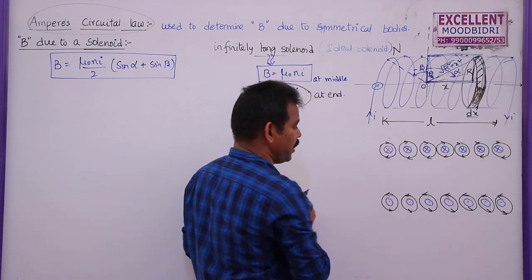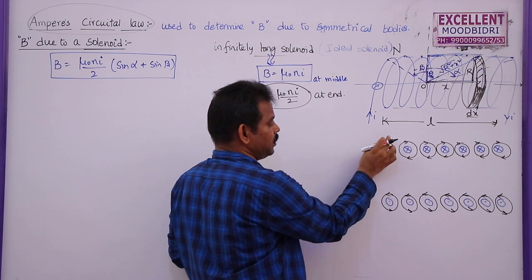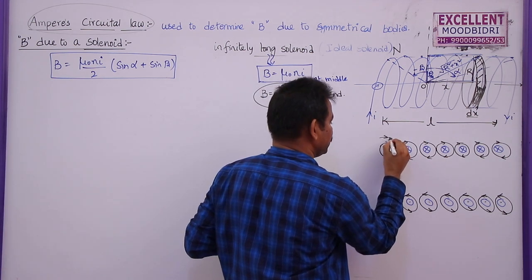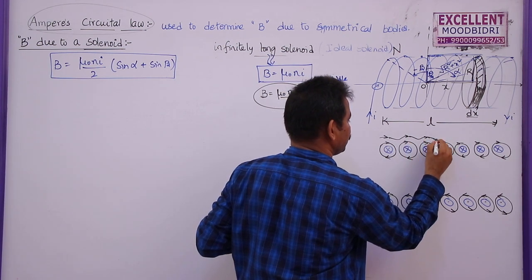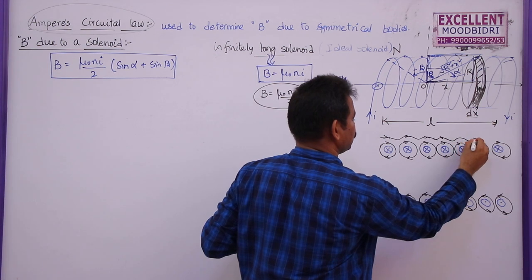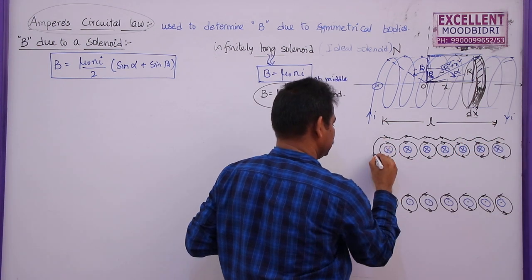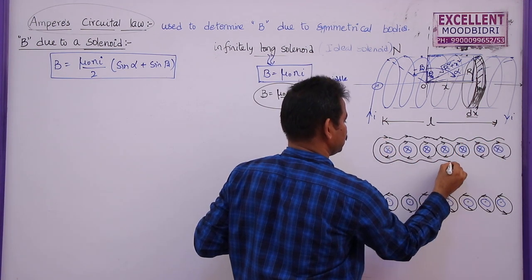Now if you want to find out the magnetic field due to this current element at this point, it will be in this direction. So here these fields will be combined together, and this field will be like this.